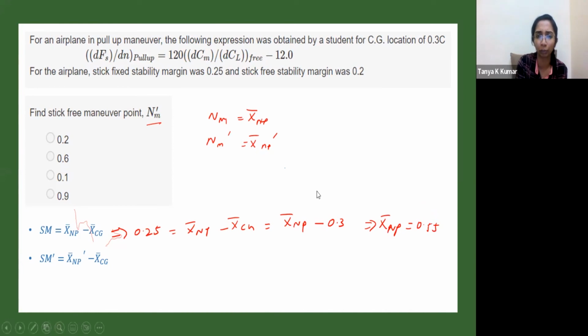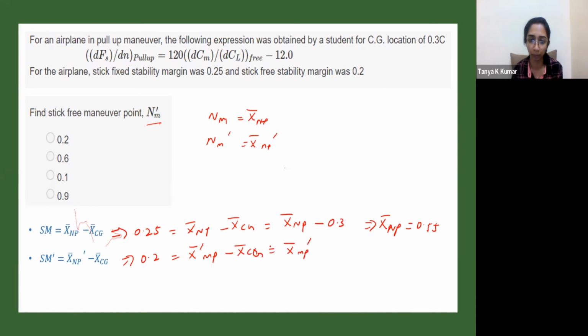This is the equation for the maneuver point. When you're maneuvering, you just call it a maneuver point. It's analogous to the neutral point. So for your stick free case, what is the stability margin? 0.2. And you have x bar np prime minus x bar cg. So your x bar np prime is, cg is the same, 0.3 plus 0.2.